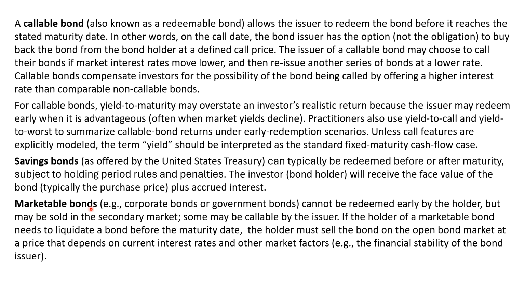Then there's a marketable bond. For example, corporate bonds or government bonds cannot be redeemed early by the holder, but may be sold in the secondary market. Some may be callable by the issuer, so these could be a sub-case of callable. If the holder of a marketable bond needs to liquidate a bond before the maturity date, the holder must sell the bond on the open market at a price that depends on current interest rates and other market factors.